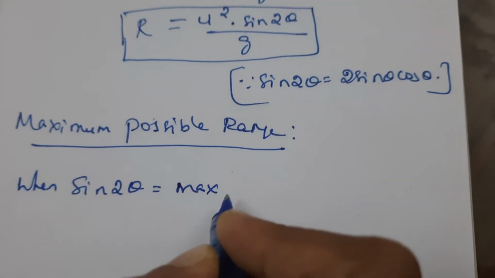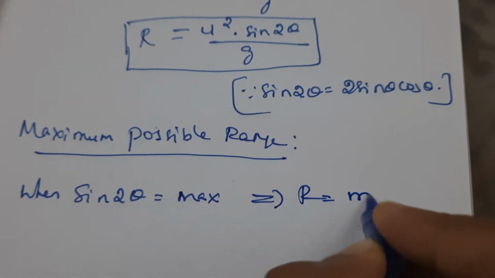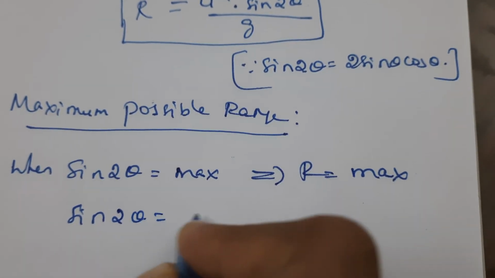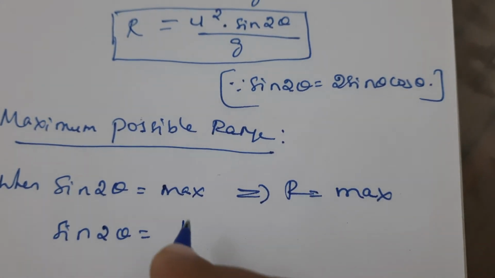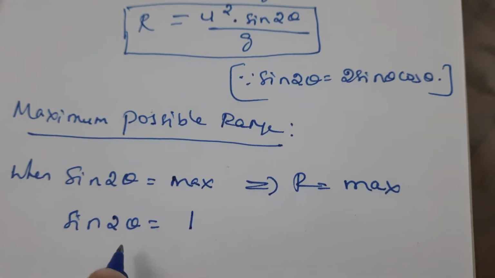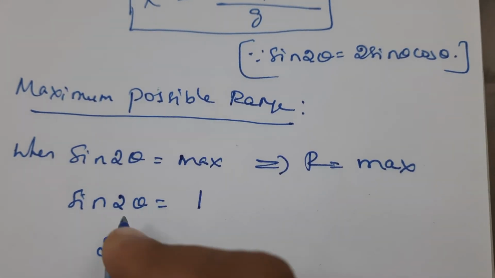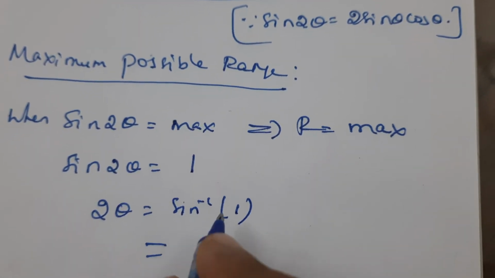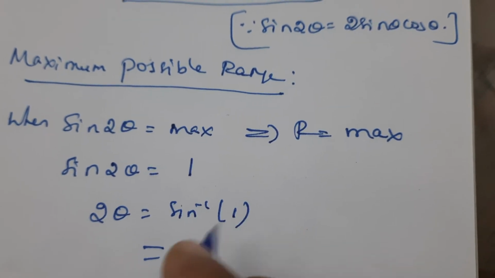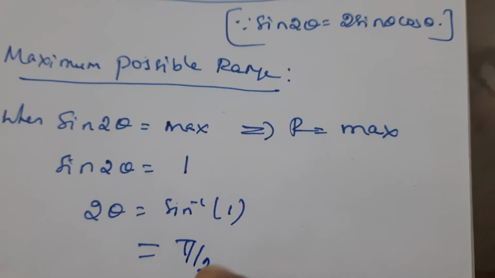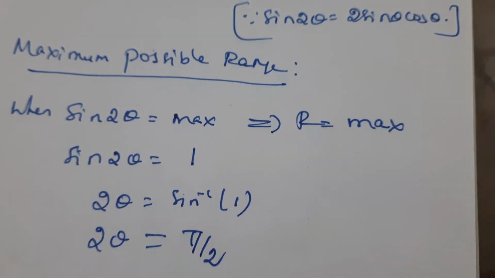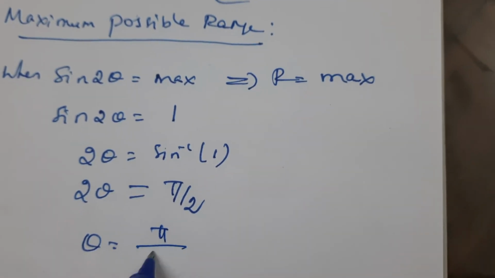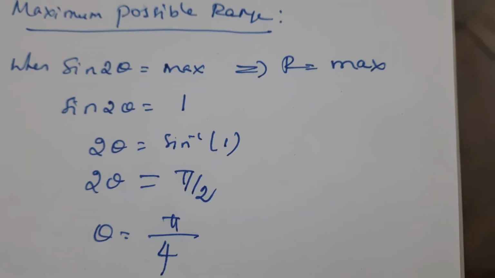The maximum value of sin is 1. So 2 theta is equal to what? Sin inverse of 1. Which angle has sine value 1? That is pi by 2. So 2 theta is equal to pi by 2, and theta is equal to pi by 4.